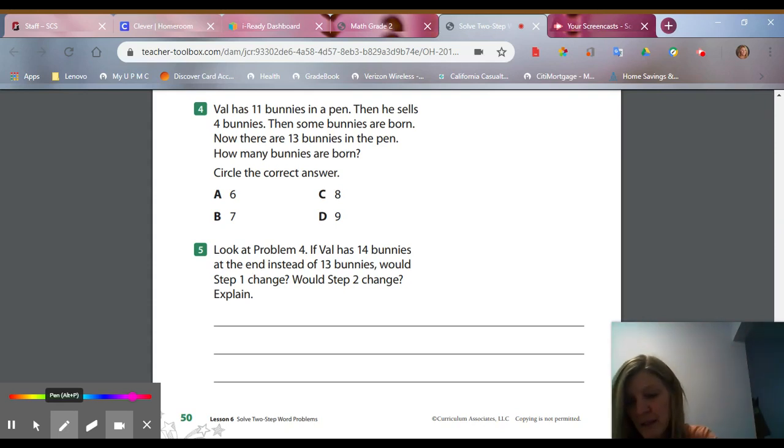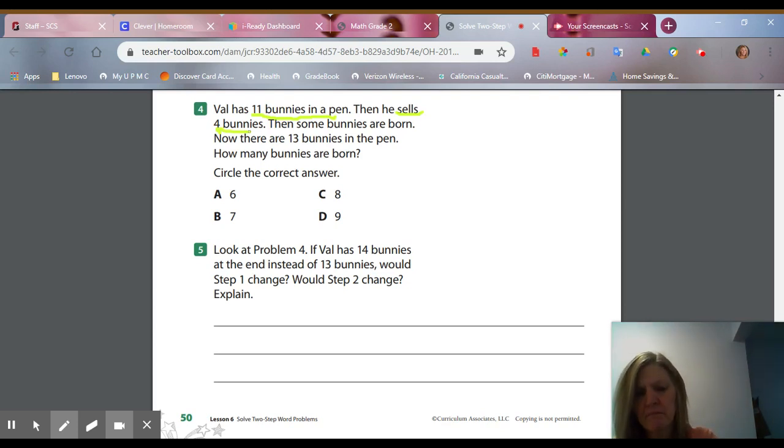Information that you have that is important is what? Well, that there's 11 bunnies in a pen. It's important. Then he sells 4 bunnies. Is that important? Yeah. Sells 4. Then some bunnies are born. Do we know how many?